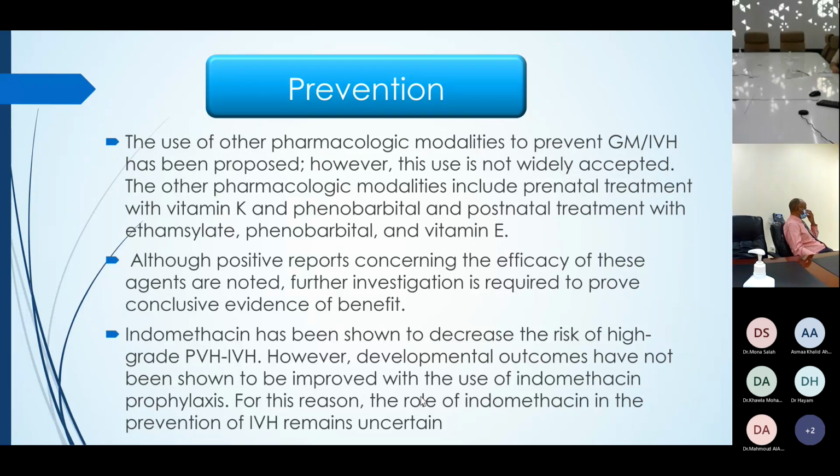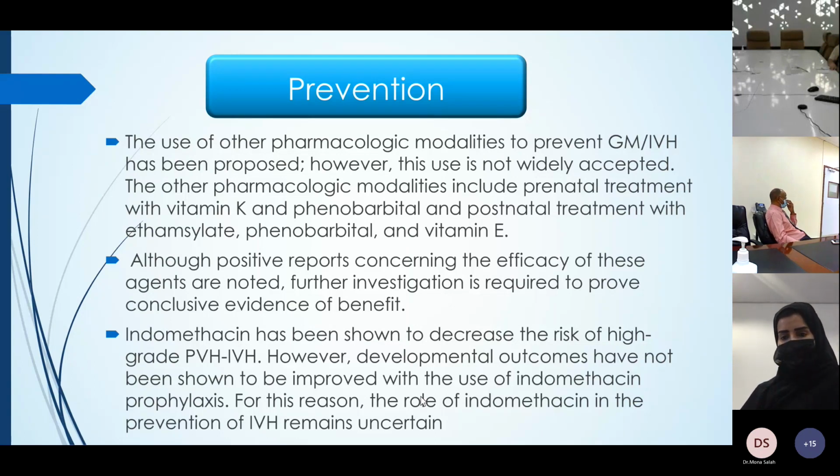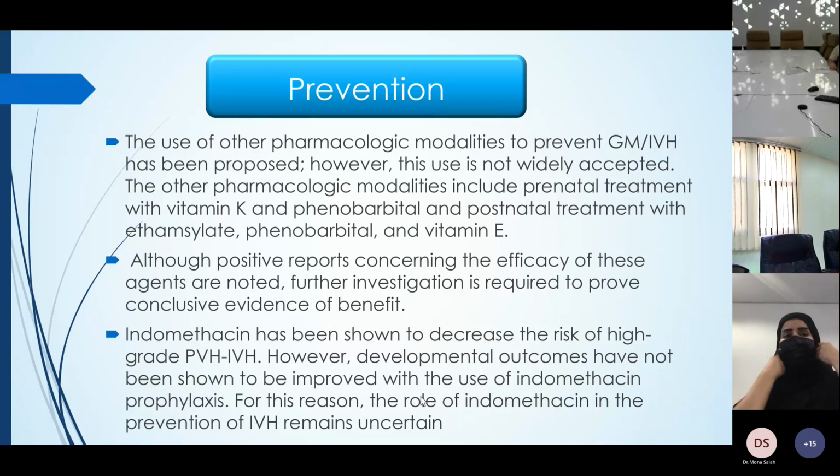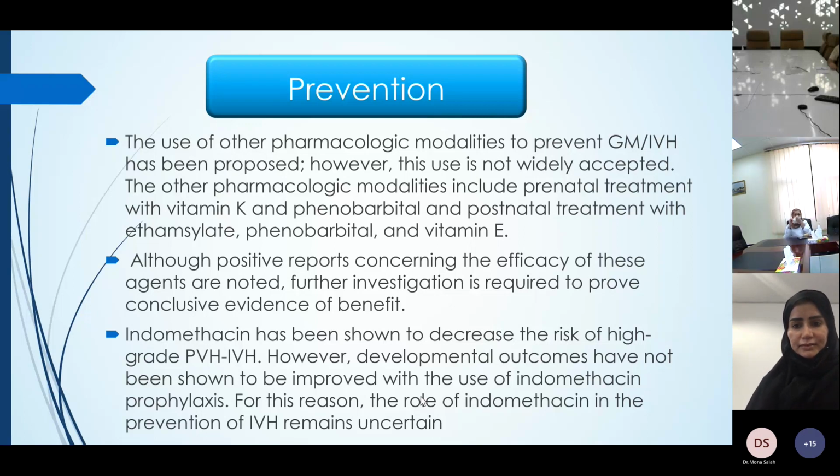However, this use is not widely accepted. The other pharmacological modalities include prenatal treatment with vitamin K, phenobarbital, and postnatal treatment with ethamsylate, phenobarbital, and vitamin A. Although positive reports concerning the efficacy of these agents are noted, further investigation is required to provide conclusive evidence of benefit.